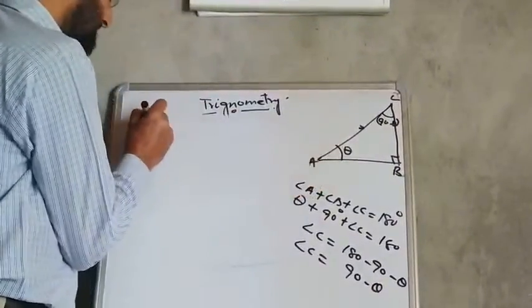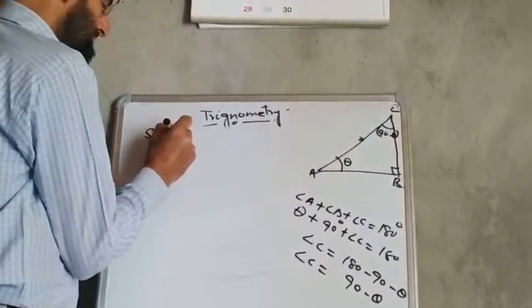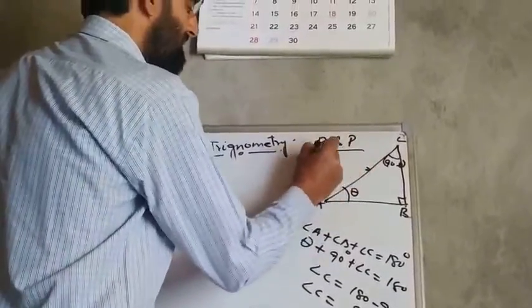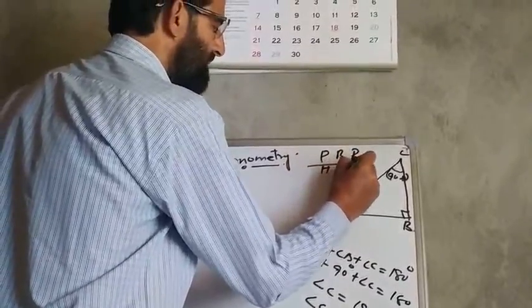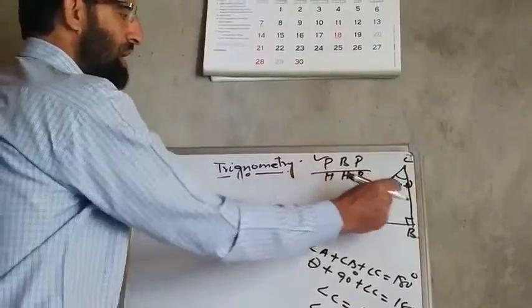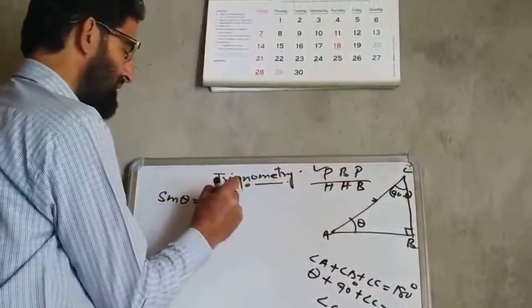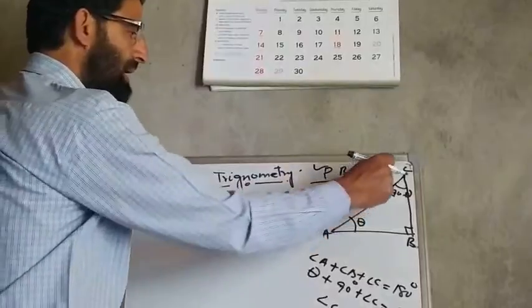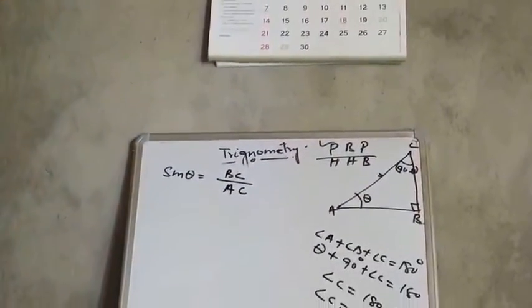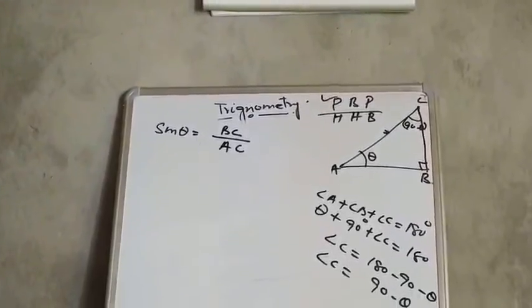Now, what is sine theta here? Sine is perpendicular divided by hypotenuse. So what is perpendicular here? This is BC divided by AC. So sine theta is BC by AC.